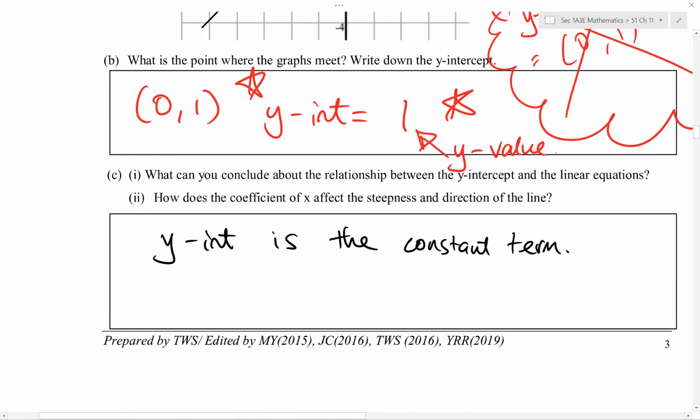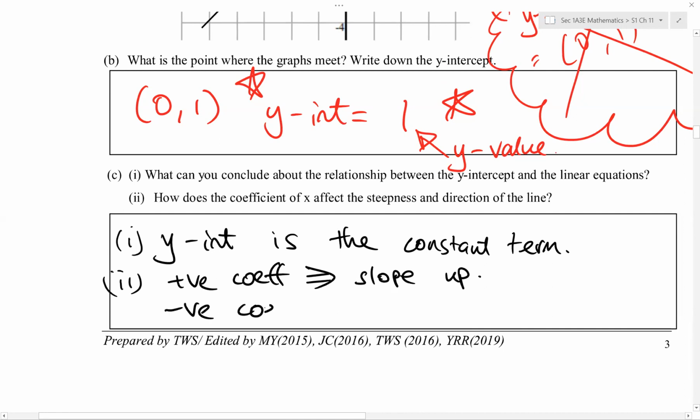Okay, next, how does the coefficient of x affect the steepness and direction? So earlier on, we had two conclusions. To answer part 2, positive coefficient implies slope up. Negative coefficient implies slope down.